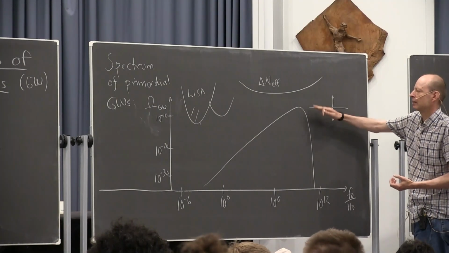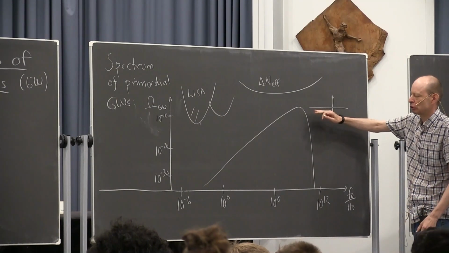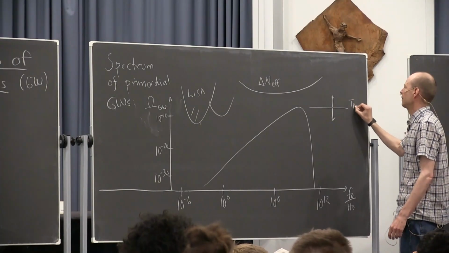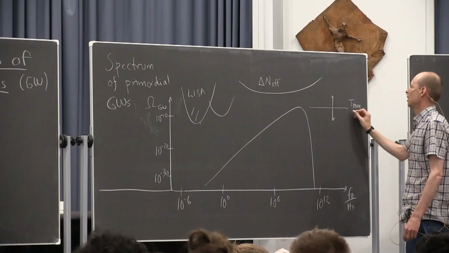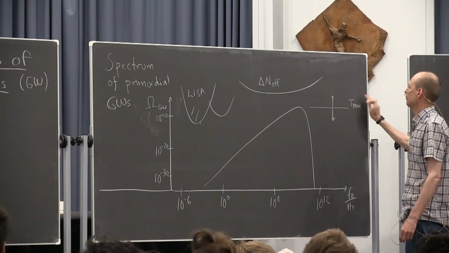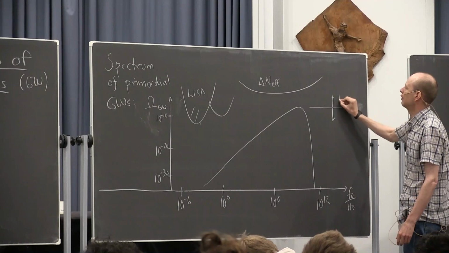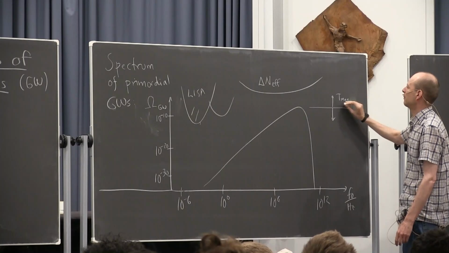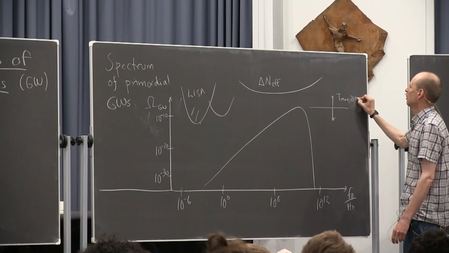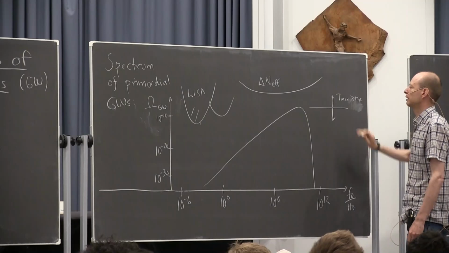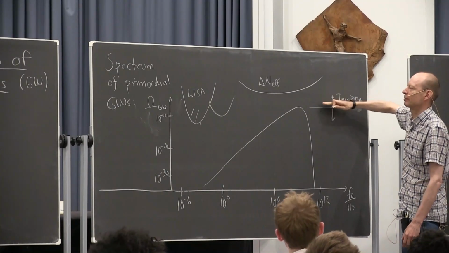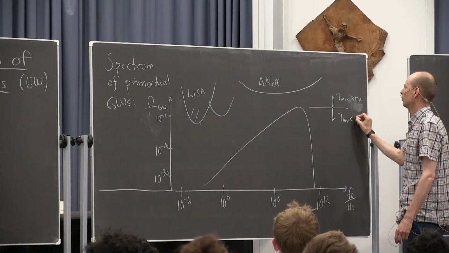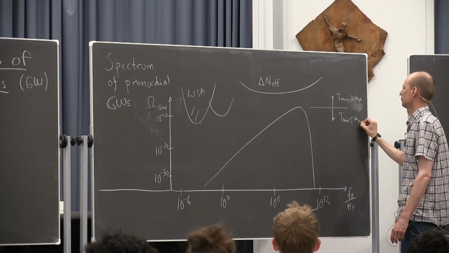And so indeed it turns out that how many you produce depends very much on the maximal temperature of the early universe after inflation. So let's say if for some reason the maximal temperature would be of the order of the Planck mass, then you might produce something interesting. If it's much less than the Planck mass, then you produce less.